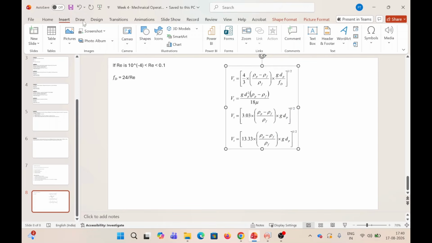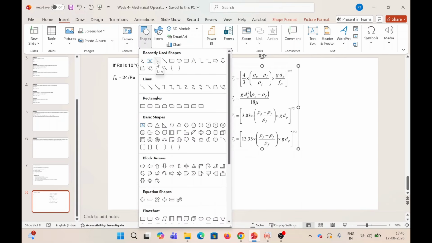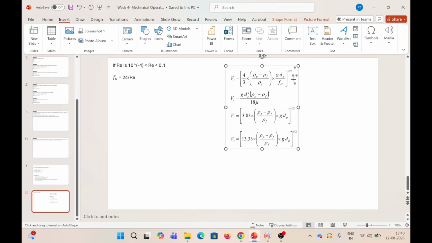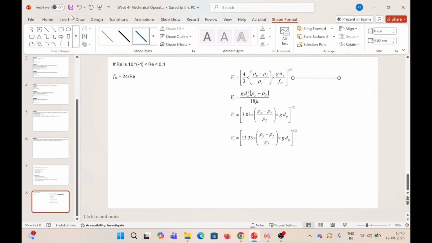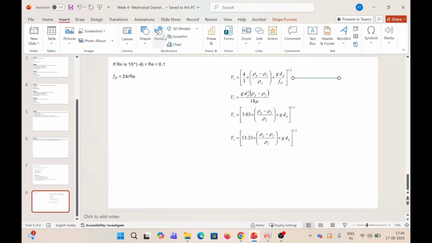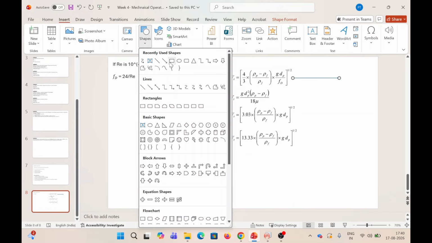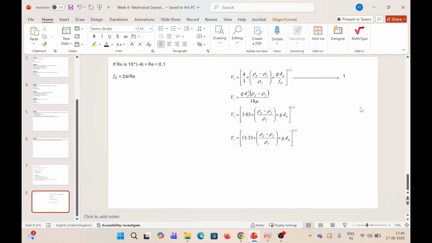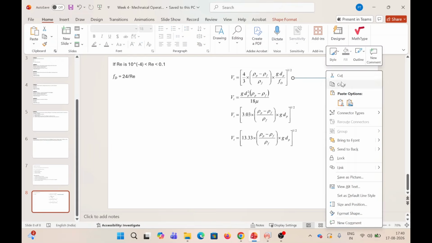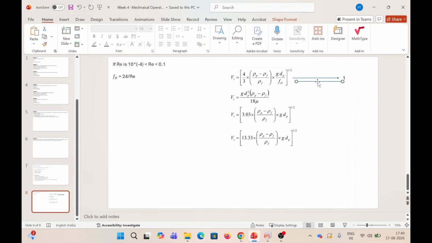This is equation 1. Similarly, I'll complete this.